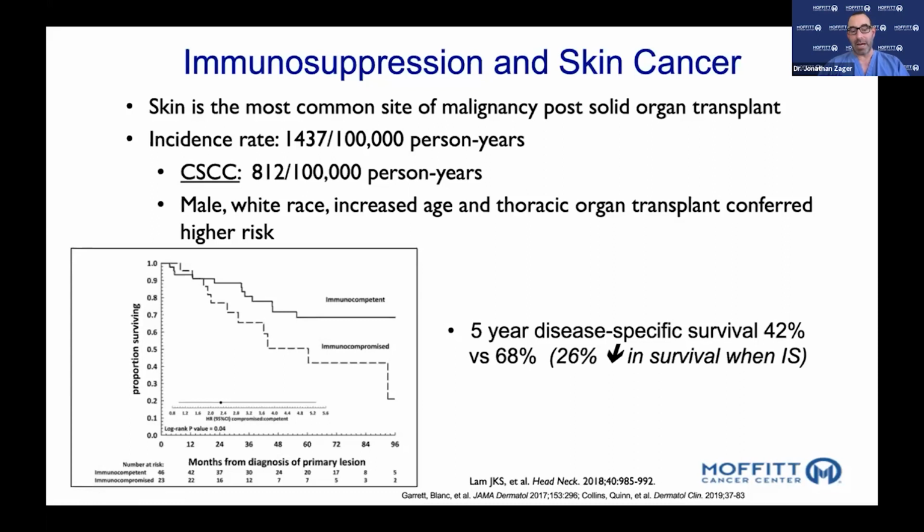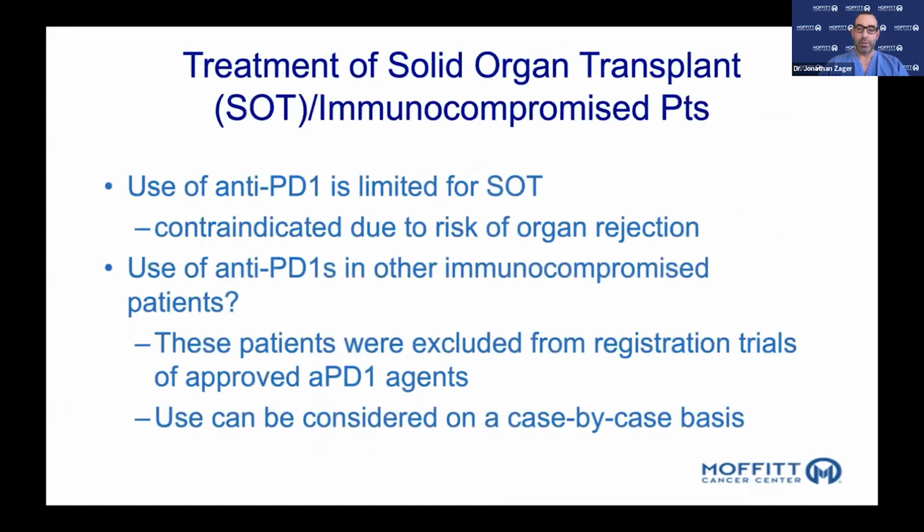However, these immunocompromised patients with the appropriate therapy, including surgery, radiation, maybe not immunotherapy, but we're looking into that, and other types of systemic therapy still have a pretty good disease-free survival and disease-specific survival, although not as good as if you weren't immunocompromised. So what about the treatment of these solid organ transplants?